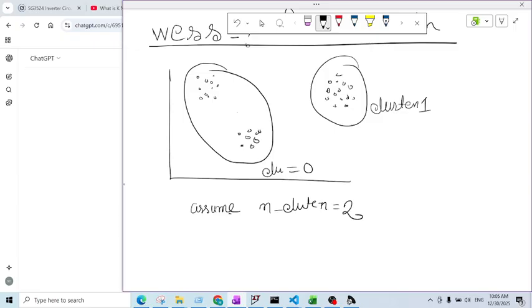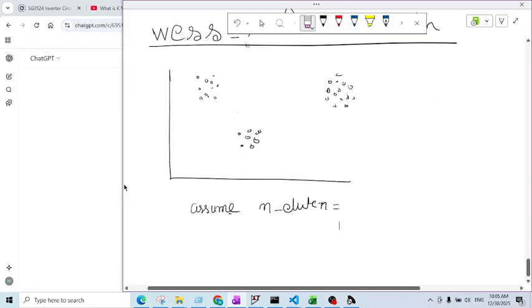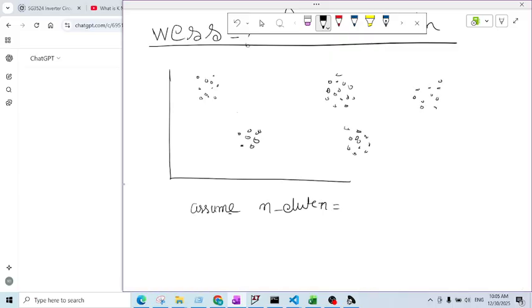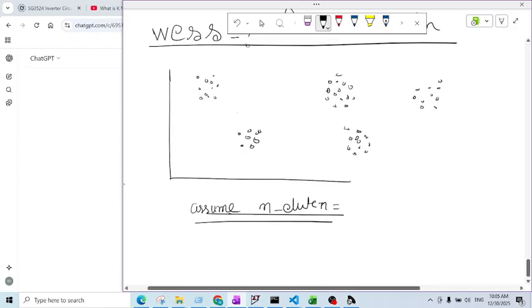Now let me add another cluster also. Let me assume 5 clusters here. Now you assume that your cluster number is 4.